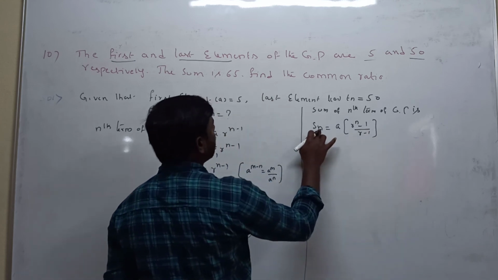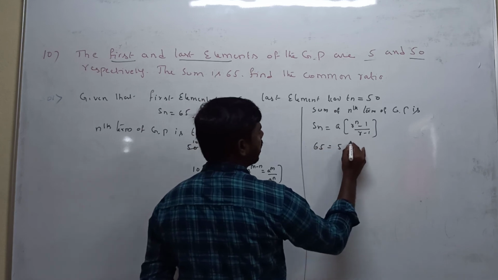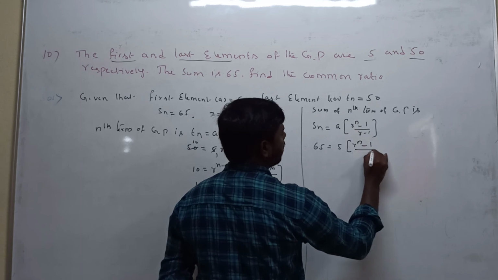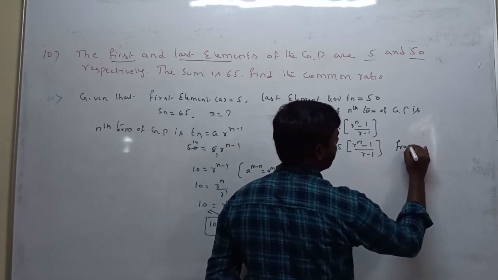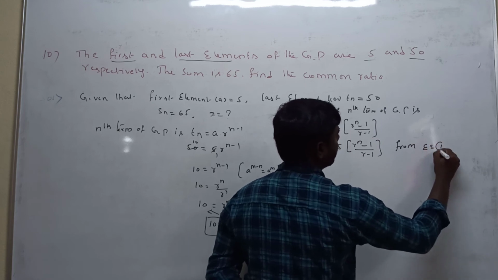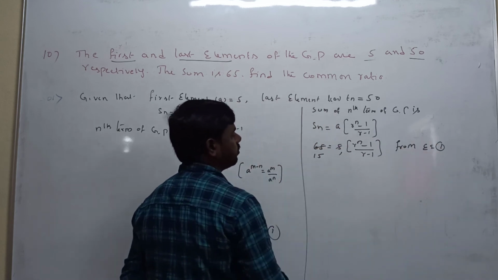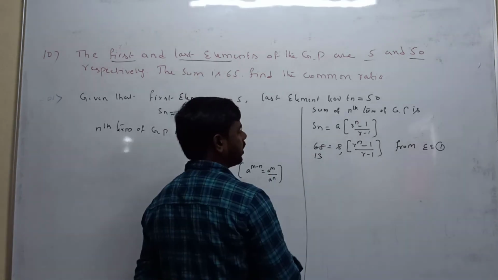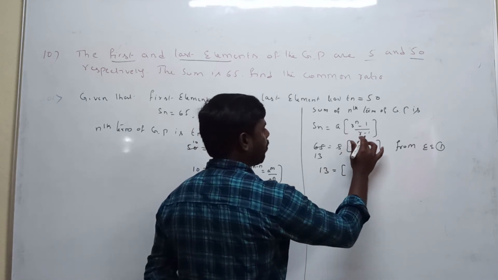So what is the total sum they have given? 65 is equal to a, whose value is 5, times r to the power of n minus 1 divided by r minus 1. Five into 13 gives 65, so 13 is equal to r to the power of n minus 1 by r minus 1.